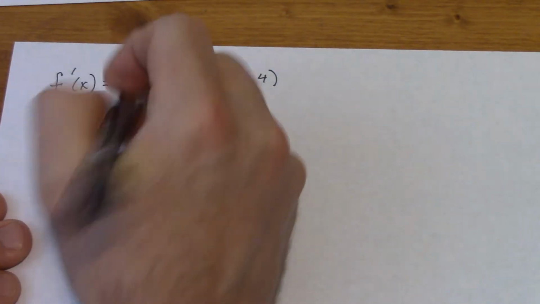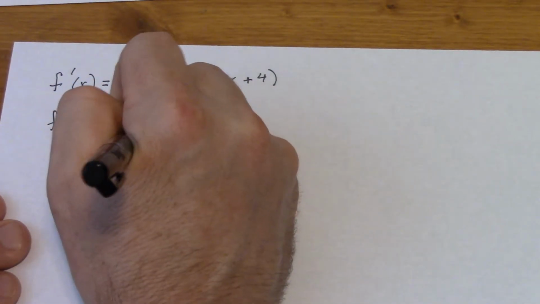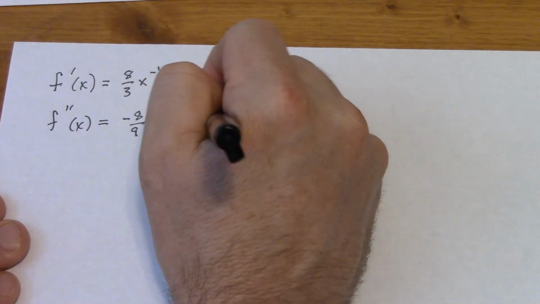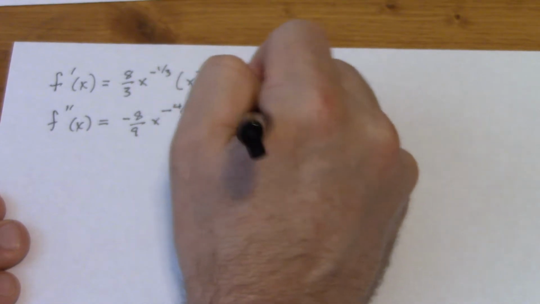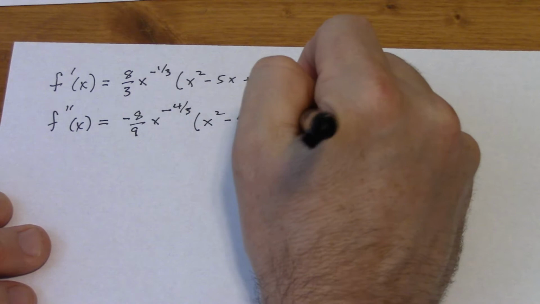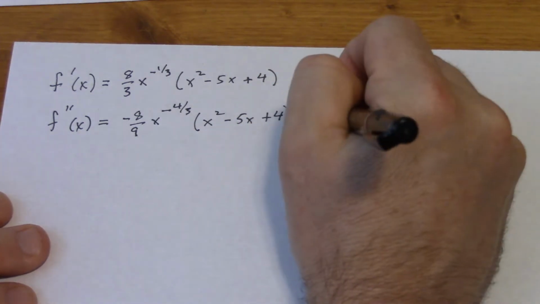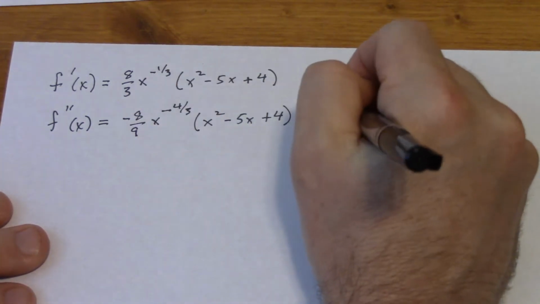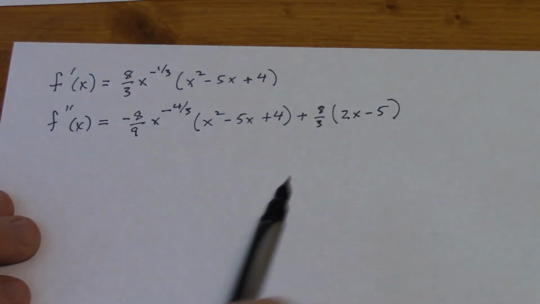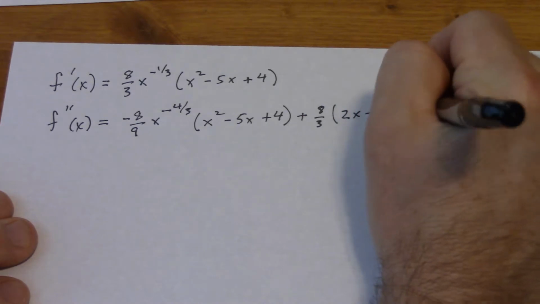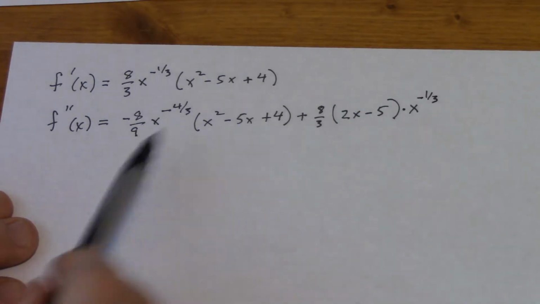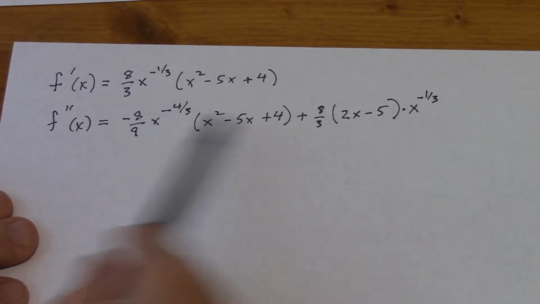Negative 1/3 times that's going to give me negative 8/9 x to the negative 4/3 and then x squared minus 5x plus 4, and then plus 8/3 and the derivative of that's just 2x minus 5. Okay, so a couple things to note here. I also left off the x to the negative 1/3. So I'm going to factor out the largest negative exponent, x to the negative 4/3, and that's going to leave me with an x there.